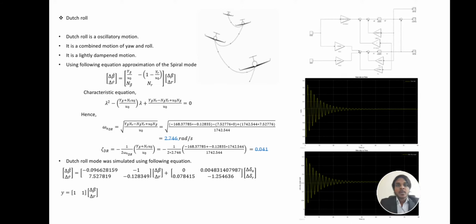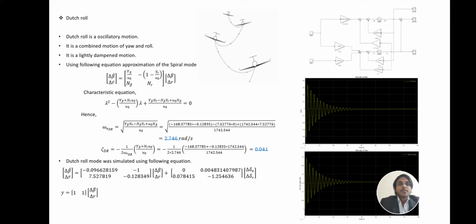Let's consider the Dutch roll. The oscillatory mode, which has complex roots to the linearized lateral equation, is called the Dutch roll mode. It is a combined motion of yaw and roll which has the same frequency but is out of phase. Here, yaw motion is lightly damped and slightly unstable.